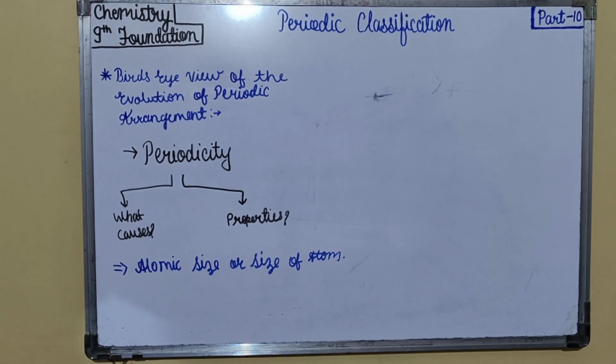I will repeat: the size of the atom is indicated in terms of the radius of an atom, that is the distance from the center of the nucleus to the outermost orbit.